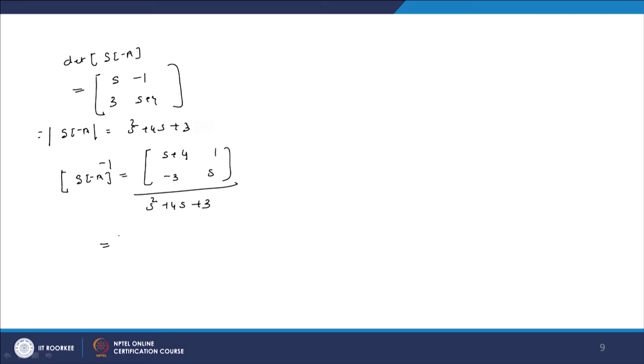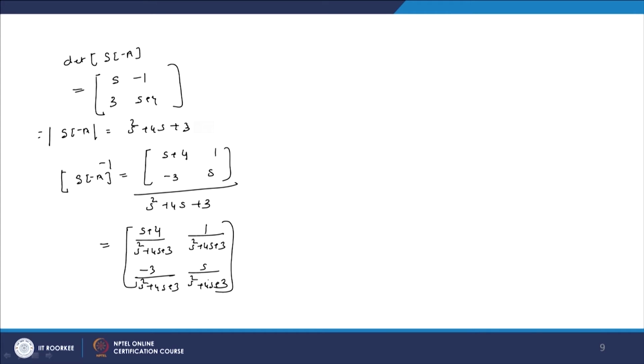And finally, this can be written as s plus 4 divided by s square plus 4s plus 3, 1 upon s square plus 4s plus 3, minus 3 divided by s square plus 4s plus 3, and s divided by s square plus 4s plus 3.